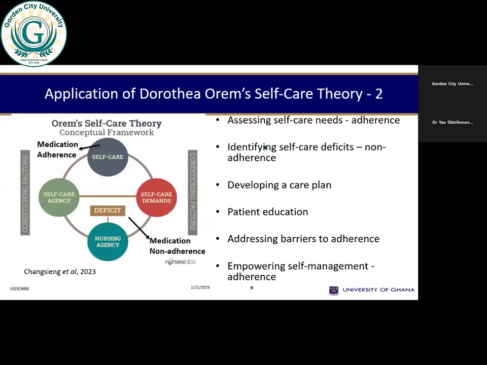In applying the self-care theory, I needed to assess my patient to see what the self-care needs are. I was looking at medication adherence and non-adherence, just one aspect of the patient's needs.